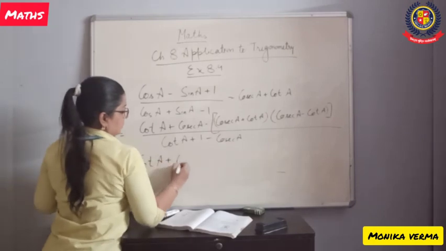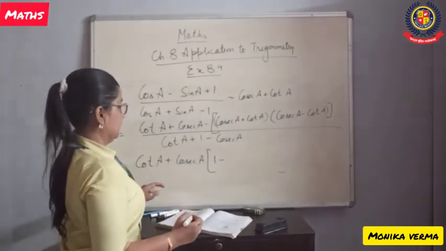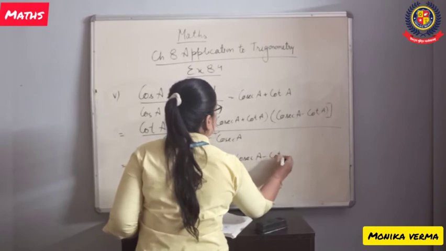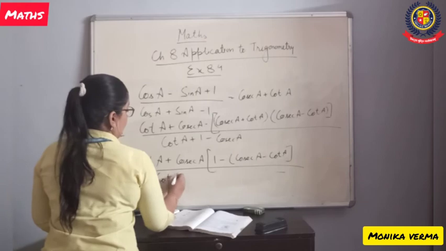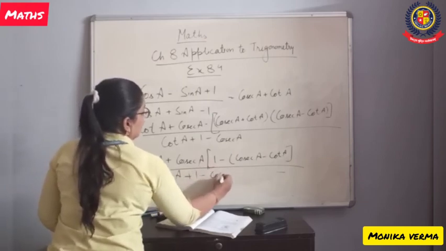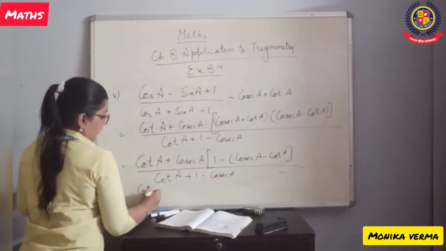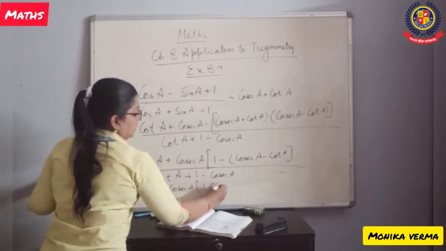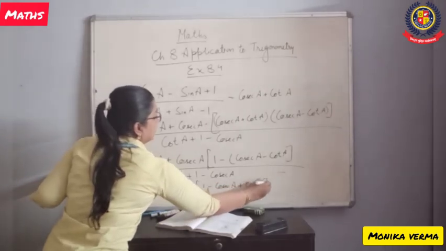Cot A plus cosec A times 1 minus cosec A minus cot A upon cot A plus 1 minus cosec A. Now we will open this bracket. We will have cot A plus cosec A times 1 minus cosec plus cot, because outside we are having minus, so signs will change.